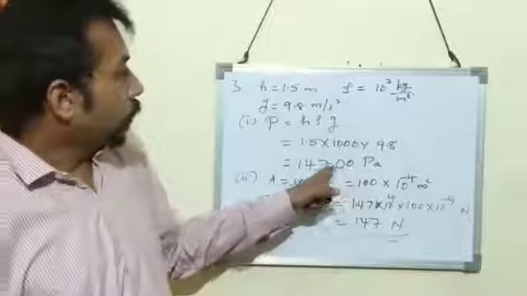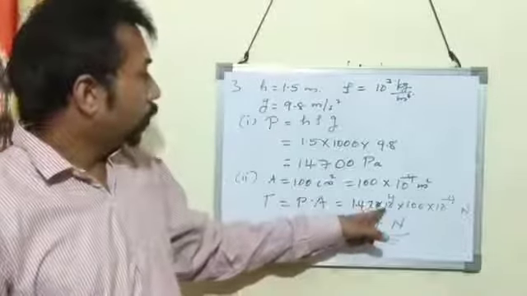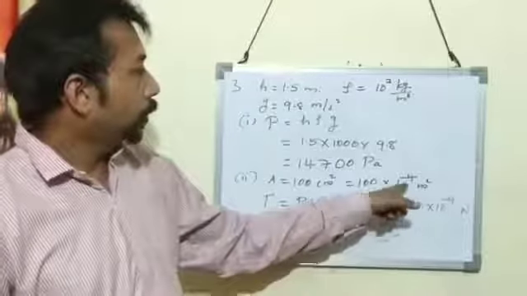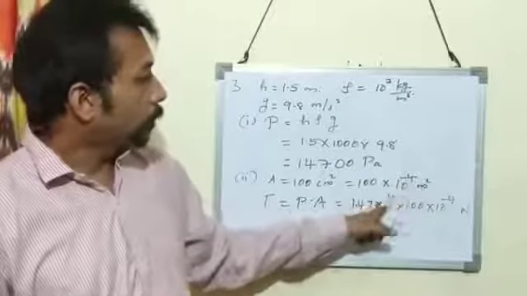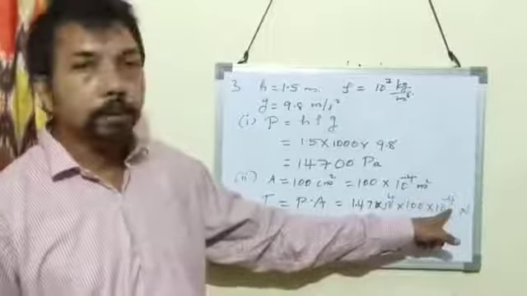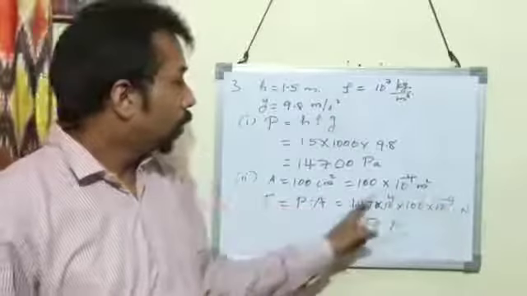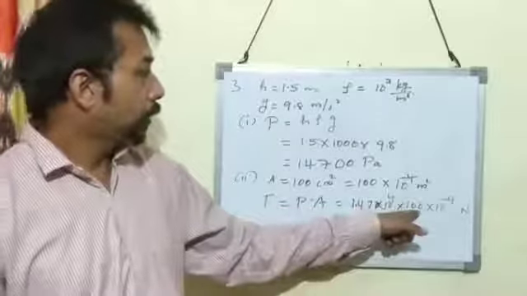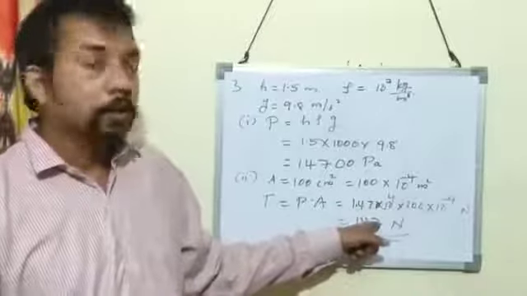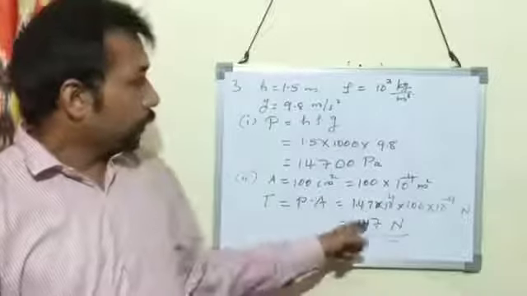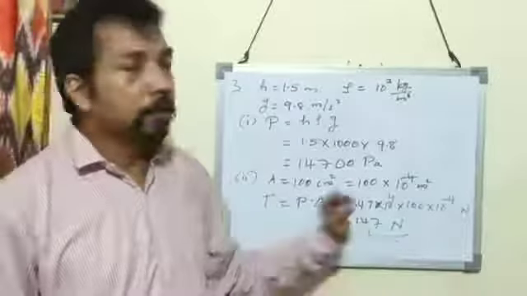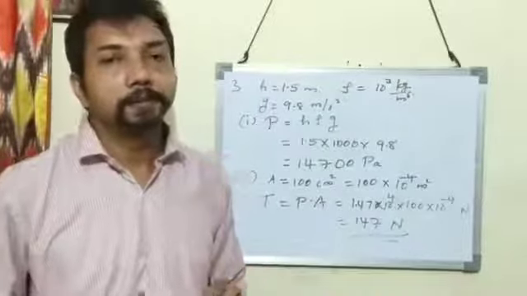The pressure is 1.47 into 10 to the power 4 and area is 100 into 10 to the power minus 4. 10 to the power 4 into 10 to the power minus 4 is 10 to the power 0, which is equal to 1. 1.47 into 100 is 147. So the thrust acting on the base is 147 Newton.